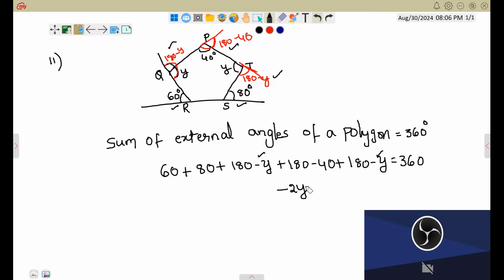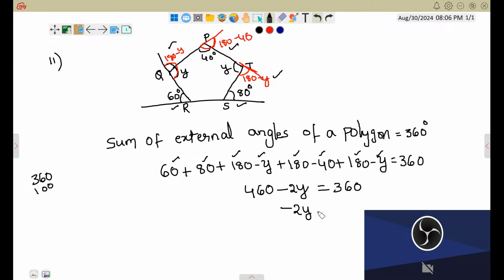If you add all these values, 180 plus 180 plus 180, total 360. And 60 plus 80 is 140, 140 minus 40 is 100. So 360 plus 100 is 460. 460 minus 2y is equal to 360.